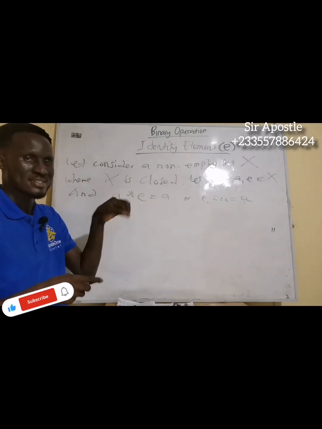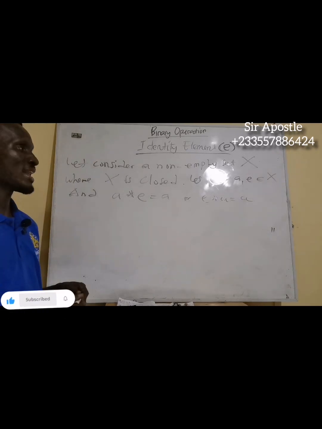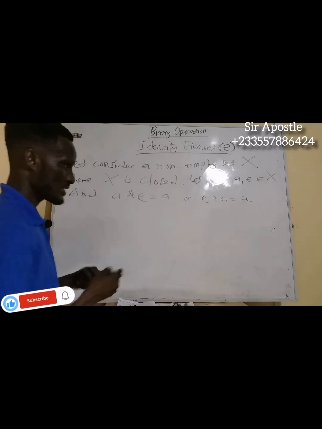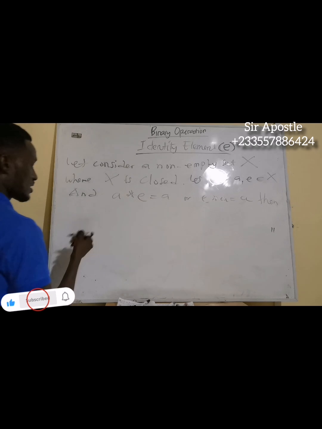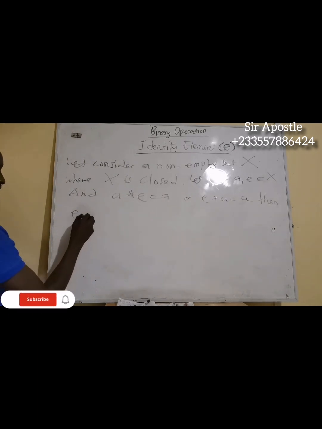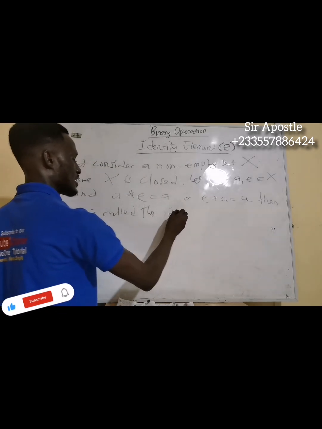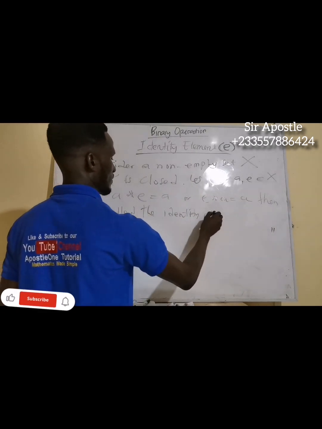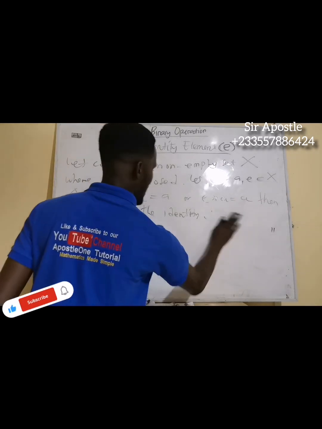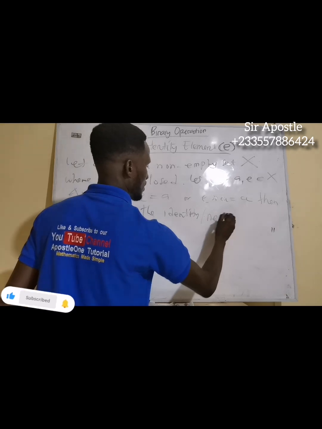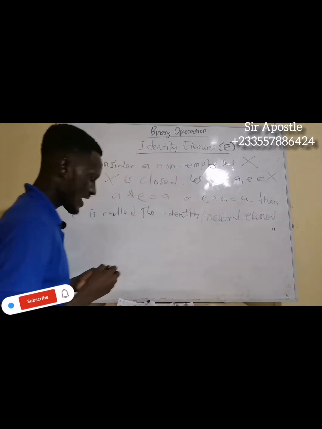It means that E is the identity element. If this holds, then E is called the identity element, or neutral element. So it is as simple as that.